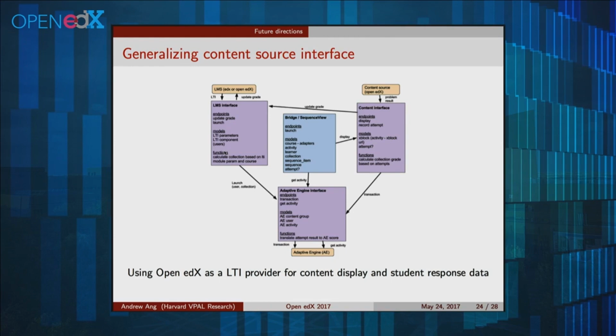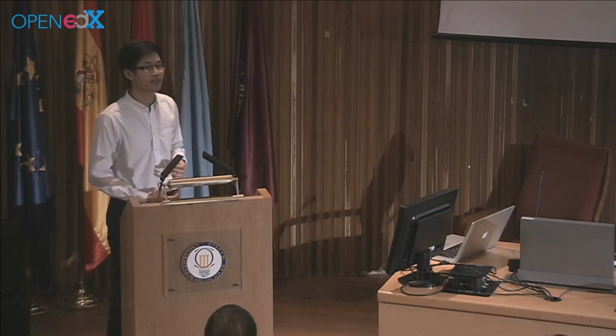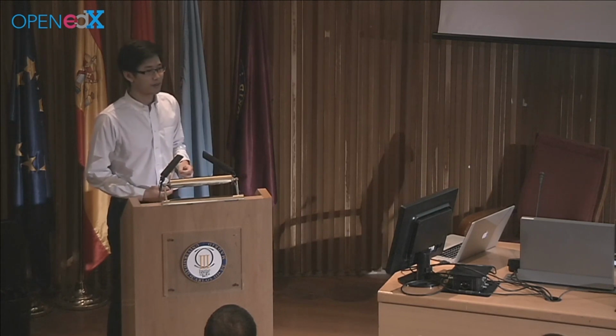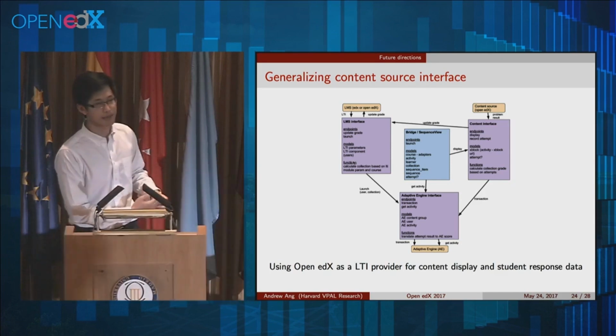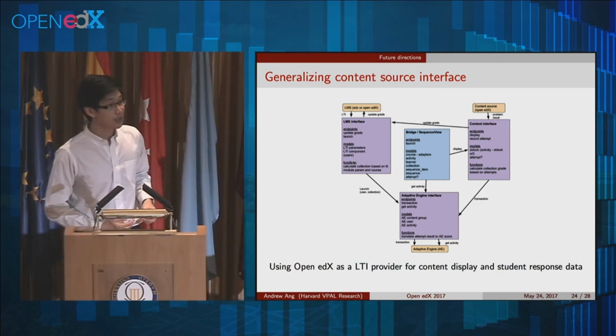And what I mean by that is, you can imagine, instead of that two component thing where you're interfacing with the LMS and then you have a bridge in between, and on the bottom you have the adaptive engine, try abstracting out the content source, because we were actually interacting with the content source quite independently of all of the LMS specific stuff.